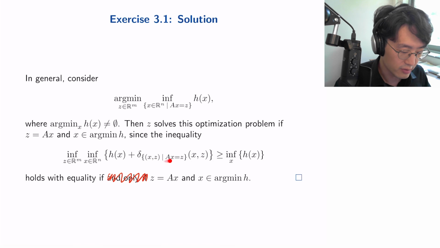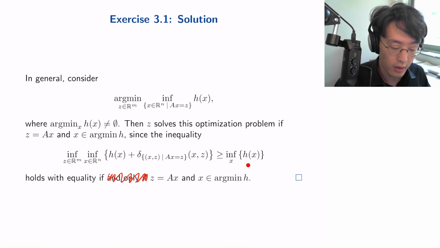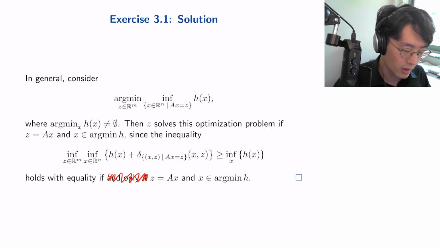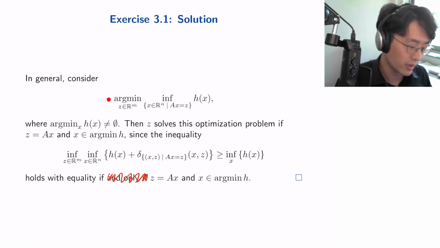So when we plug in those values into here, this indicator function will be equal to 0. And then the objective value will equal h at its argmin. So in this case, this particular z is optimal for this optimization problem, and therefore it will be an argmin of this.